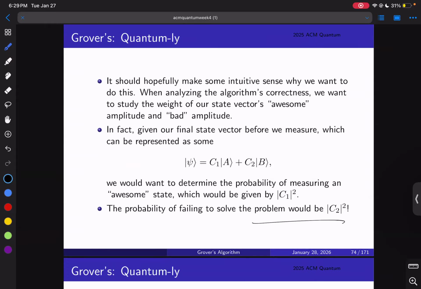So if you know at the end of Grover's algorithm that you have a 95% probability to succeed, and you were to make a measurement maybe 10 times, then you could say with higher confidence that you succeeded by taking the majority of those ten measurements.